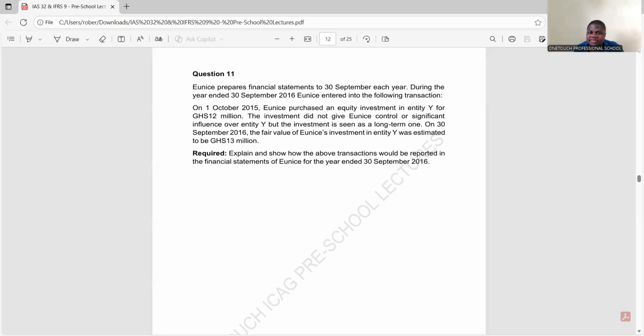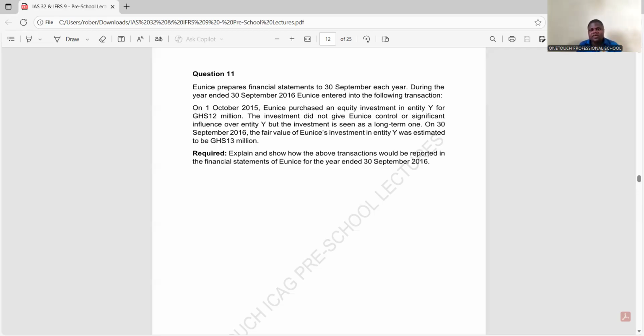So we said that once it's an equity investment, it should be measured at fair value through profit or loss. You say that equity shares do not pay interest and principal, and for that matter will normally be treated at fair value through profit or loss, full stop.